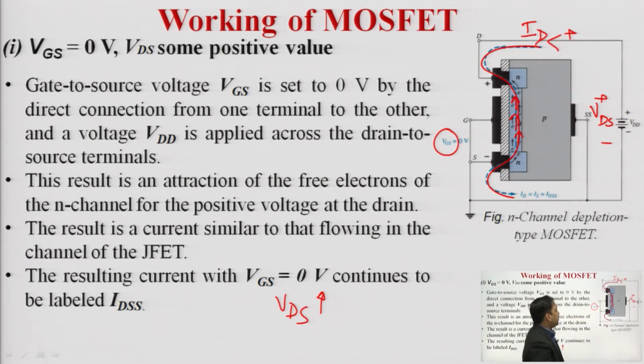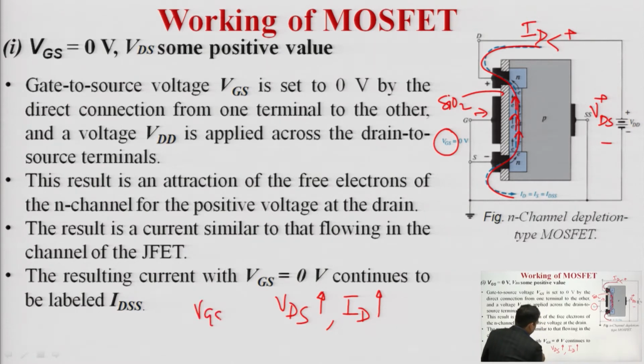Now because of this insulation, the SiO2 layer, no current will enter through the gate terminal. So we can say that the drain current will be equal to the source current, ID equal to IS. So when VGS equal to 0 and we are increasing VDS, the value of current ID increases for VGS is 0.